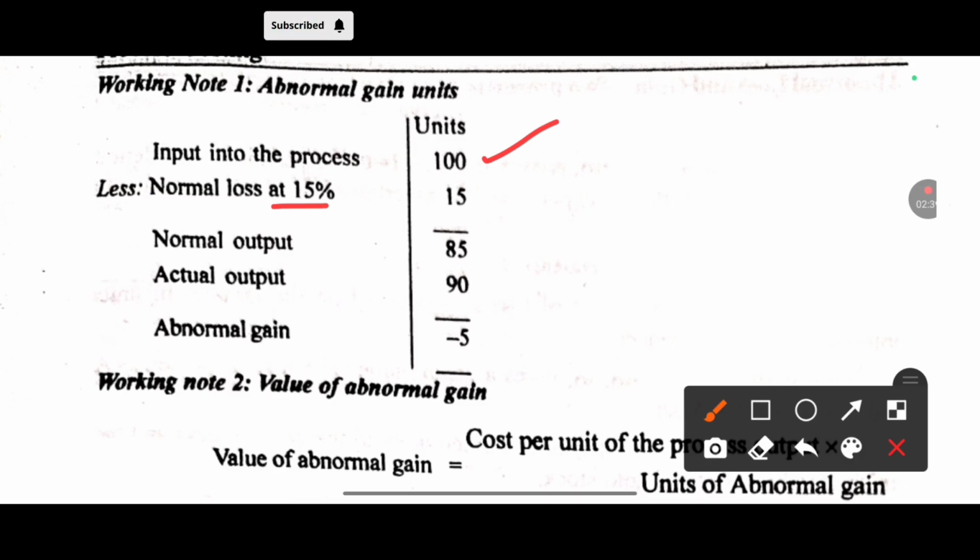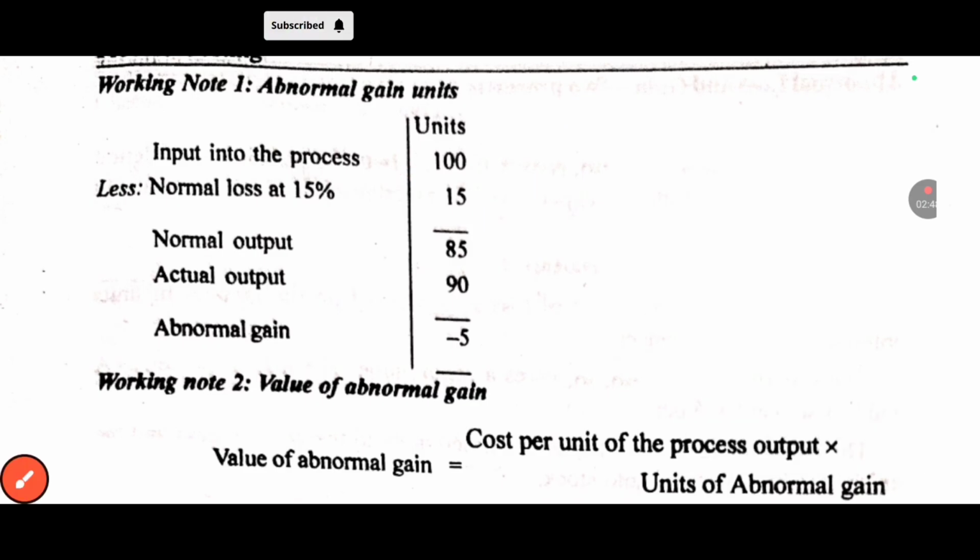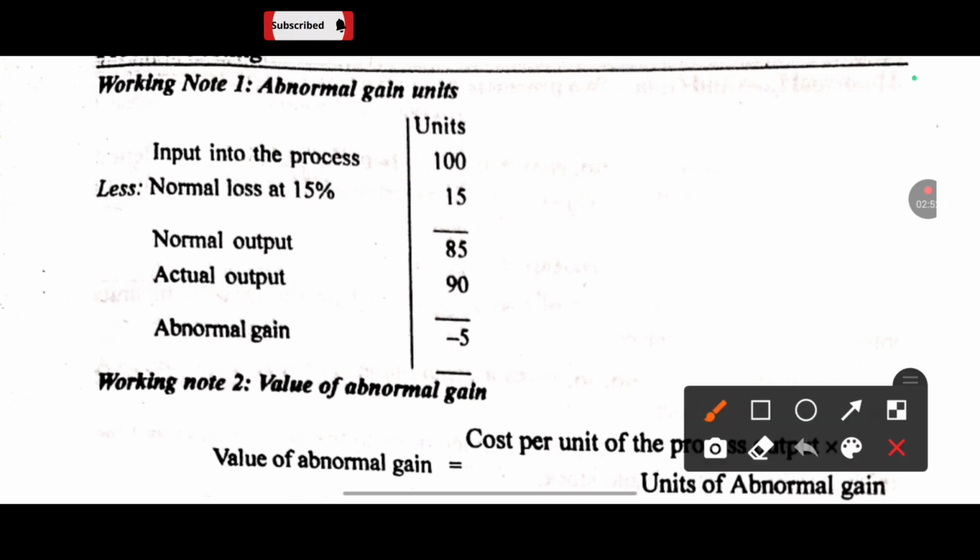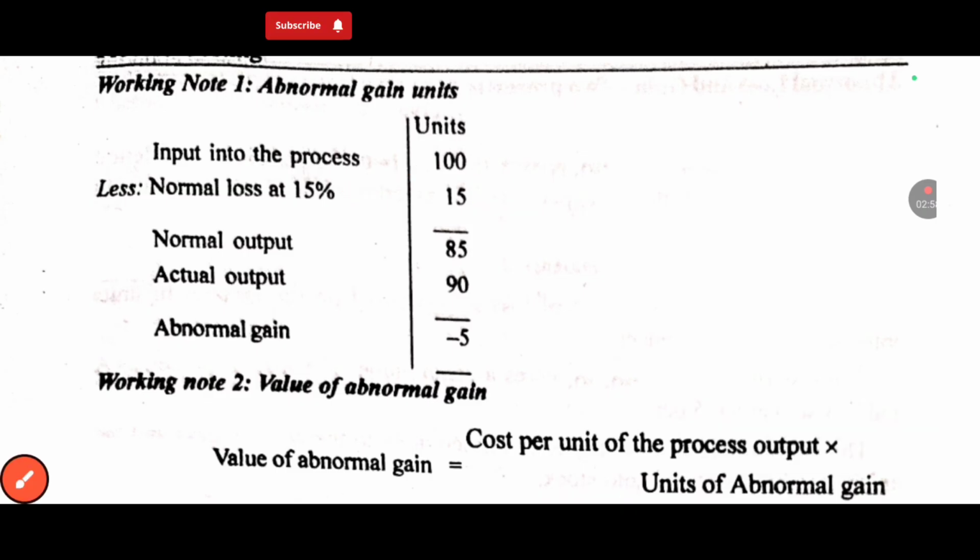Here the normal loss of 15% is calculated on the input of 100 units. You will get a normal loss of 15 units, because 100 units is multiplied by 15%.